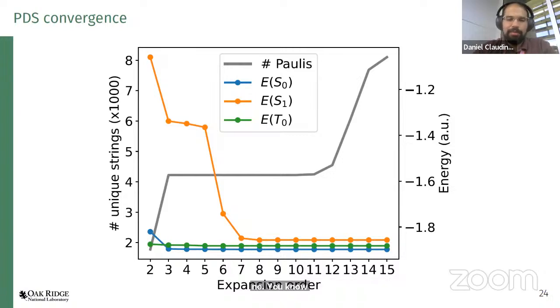We can see that because keeping track of the energies in each of the three different states that you have to account for in singlet fission, by order 10 they are all converged. So we don't see any more energy improvement.